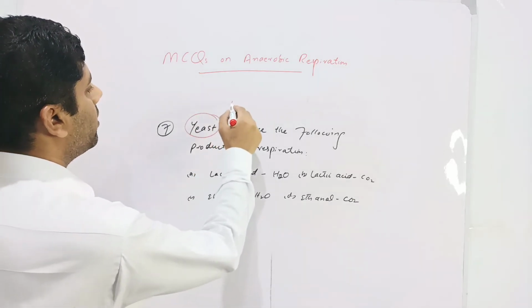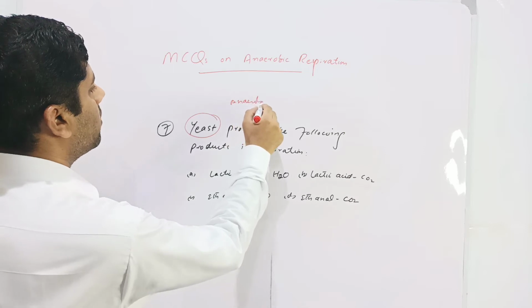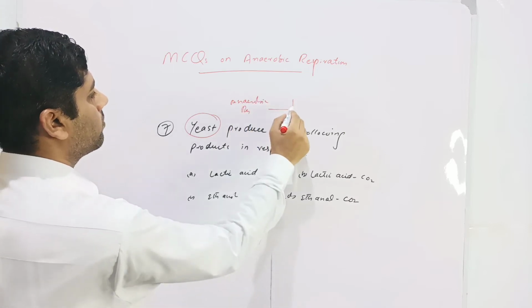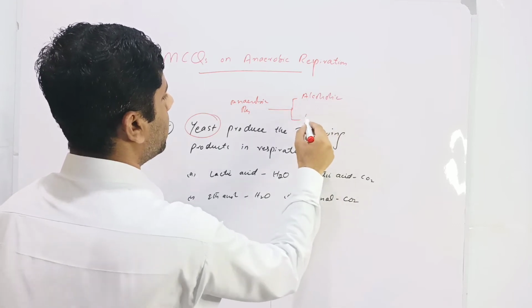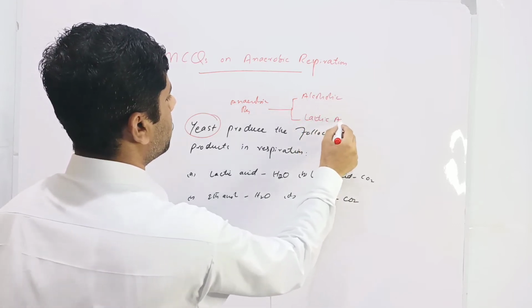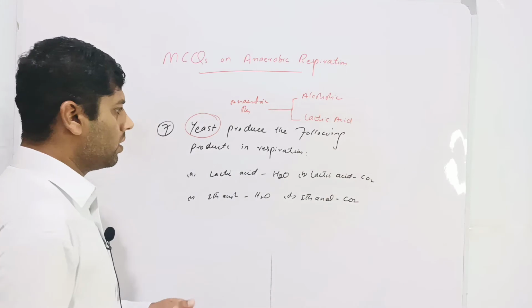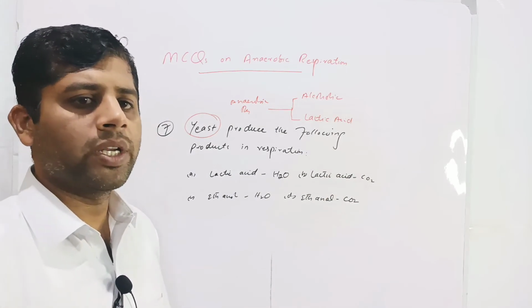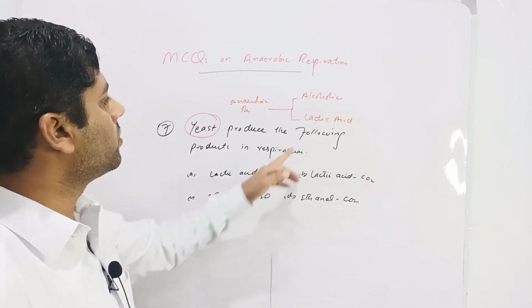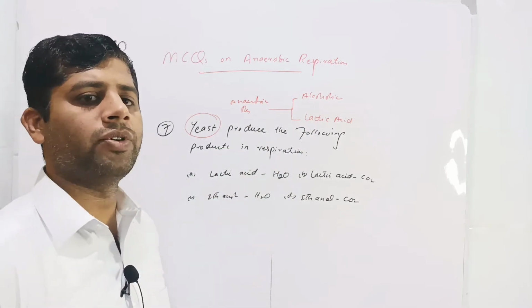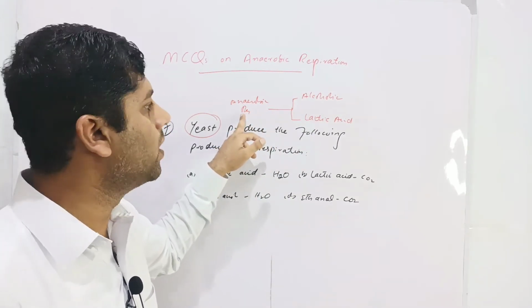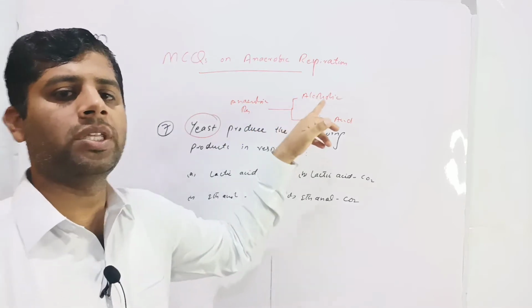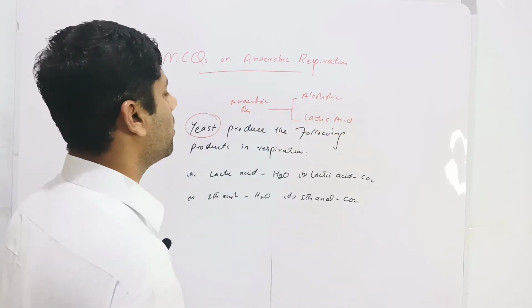We know that anaerobic respiration has two pathways, alcoholic and lactic acid pathway. The bacteria which undergo anaerobic respiration produce lactic acid in the muscles of humans or animals, while the yeast which conduct anaerobic respiration produce alcohol, mostly ethyl alcohol. So they follow the alcoholic pathway.